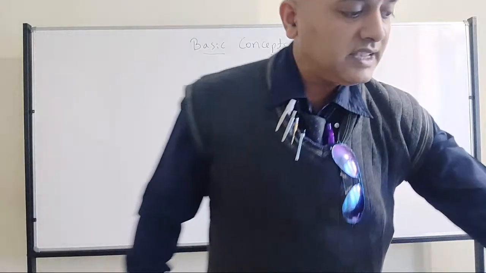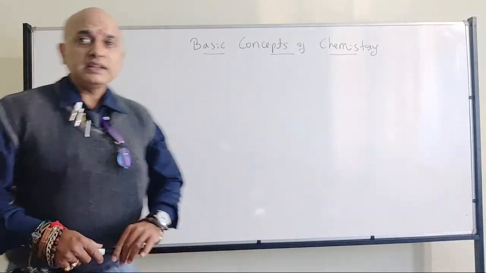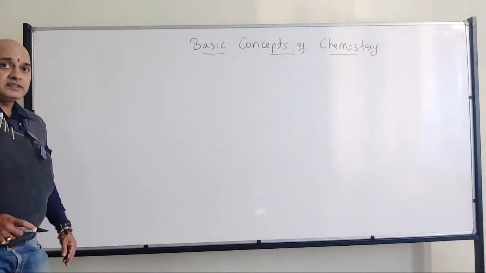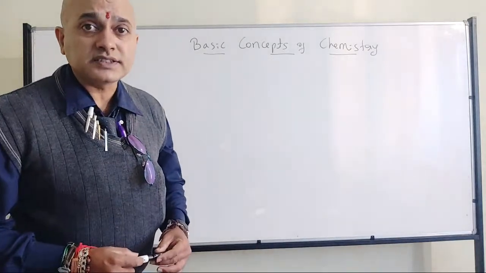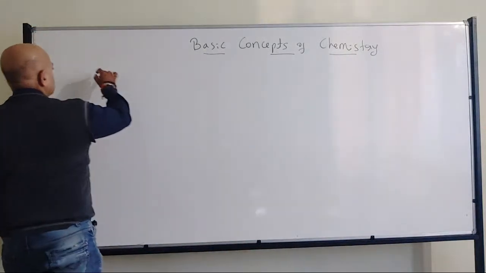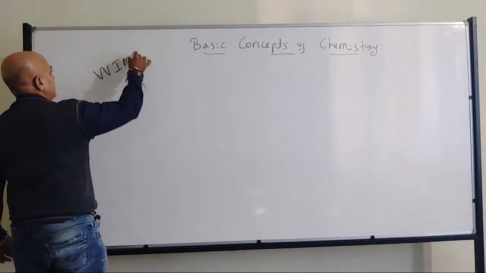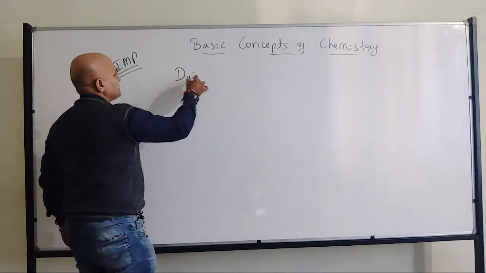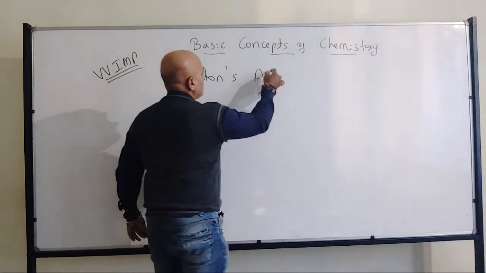Fine. So, shall I move to the next one? Okay. So next one you can expect for 3 to 4 marks. And many times they have asked. That's why I will mention it as very, very important. That is nothing but Dalton's atomic theory.